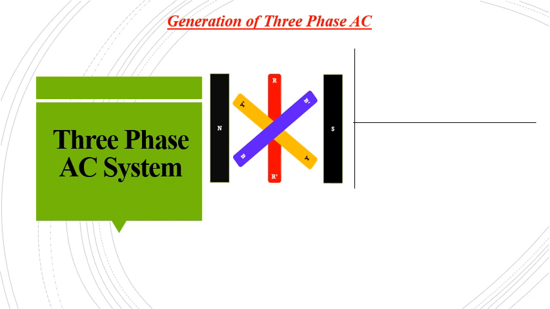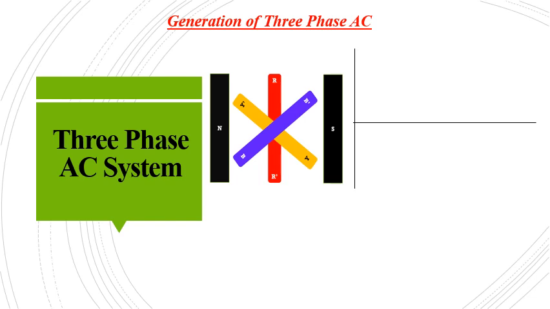For generating a three-phase voltage, 3 identical coils are placed at 120 degrees from each other and rotated in a uniform magnetic field. So why is the spacing between these coils 120 degrees?